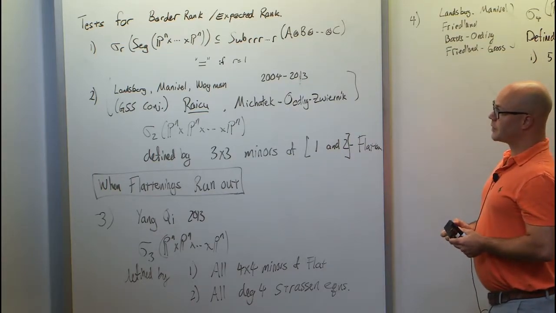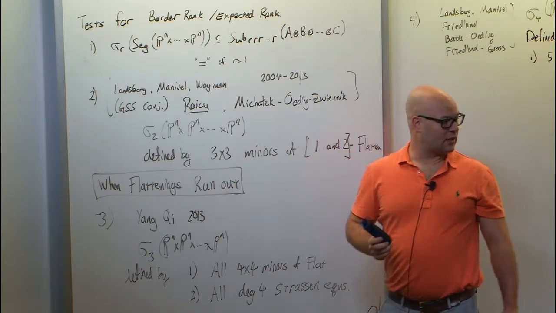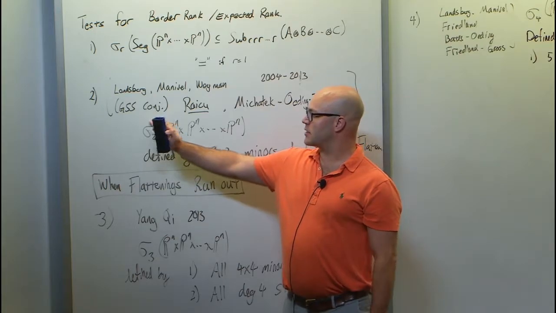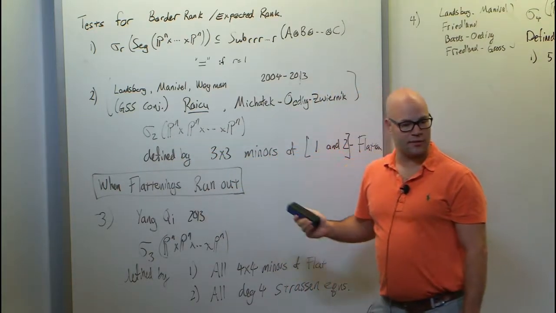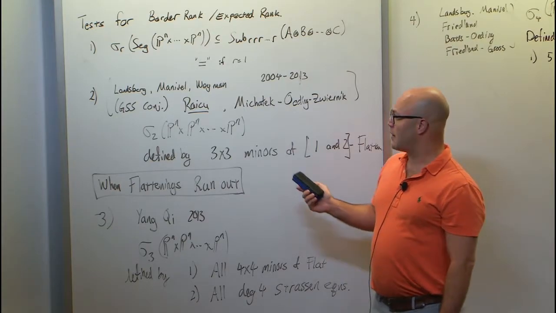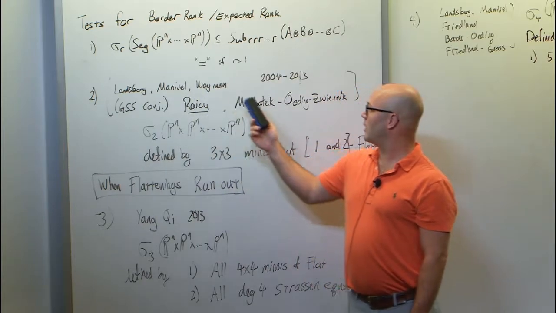of the flattening. A lot of people have worked in this area, so I tried to collect some of the names. For the second secant variety, Garcia, Stillman, and Sturmfels conjectured that the 3x3 minors of flattenings suffice to define this variety. That was proven in many different cases by Landsberg, Manivel, and Weyman.